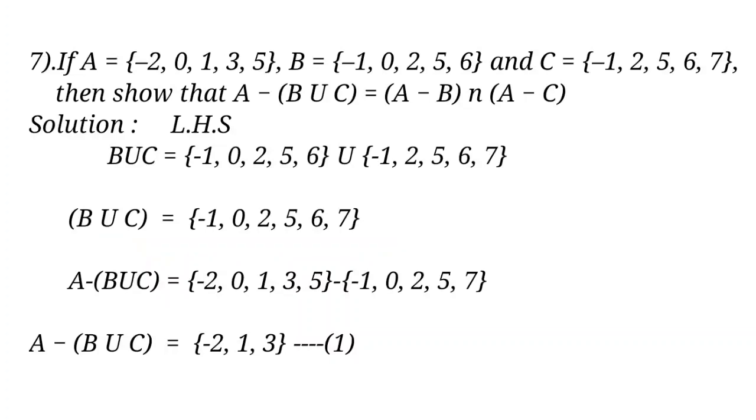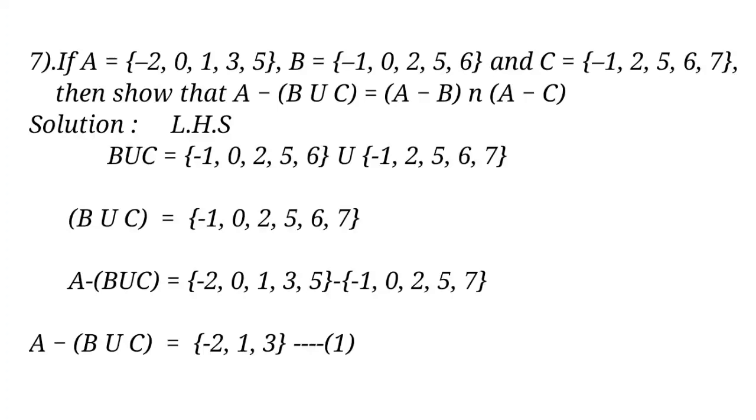Then A minus B union C is equal to {-2, 0, 1, 3, 5} minus {-1, 0, 2, 5, 6, 7}.